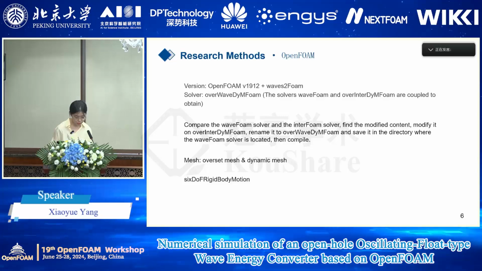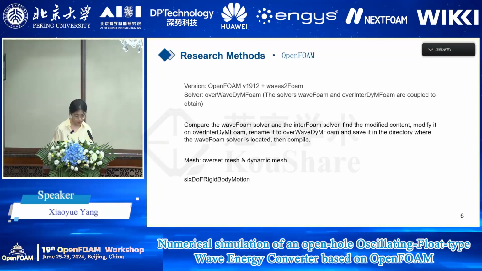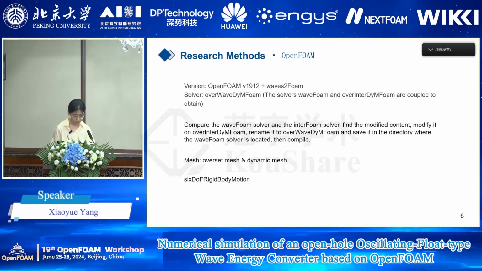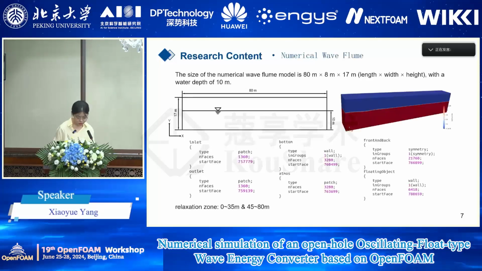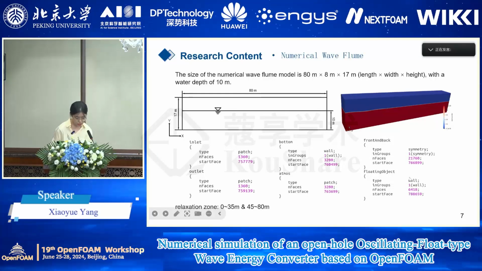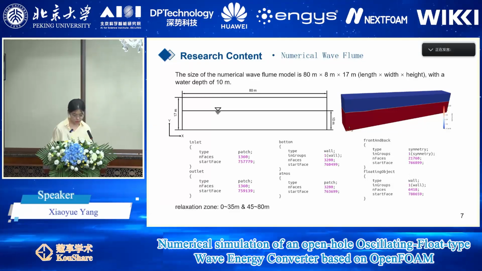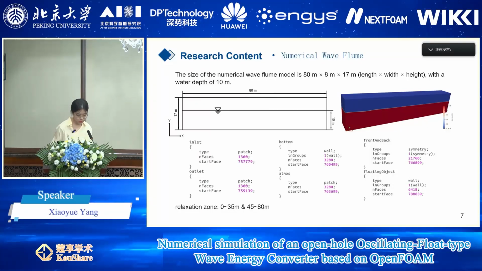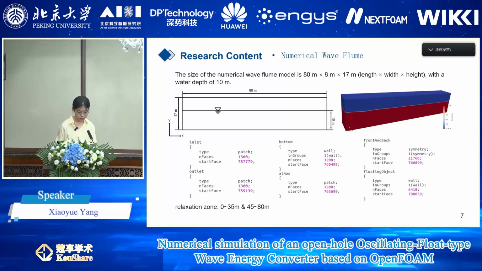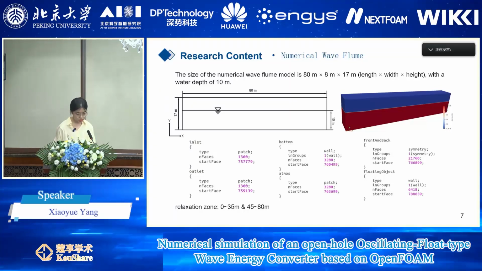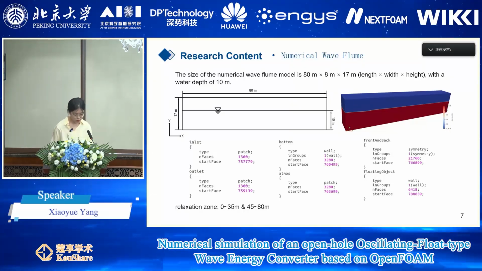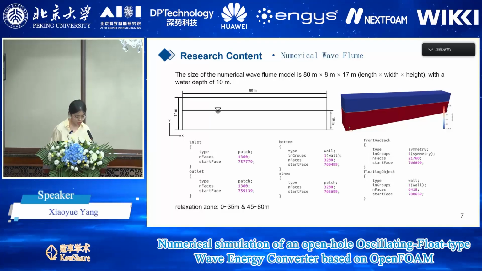About mesh, we used both overset mesh and dynamic mesh. The size of the numerical wave tank model is 80 meters long, 10 meters wide, and 17 meters high. The water depth is 10 meters.